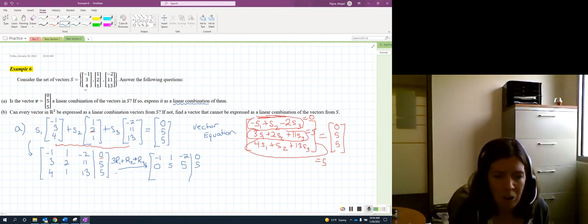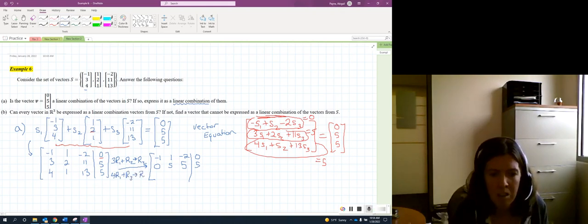Now I'm going to stack a second operation here. I want to also get a 0 in this position, so I'm going to do 4 times row 1 plus row 3. That's an independent operation, so it's not affected by the previous step, and I can do both at the same time.